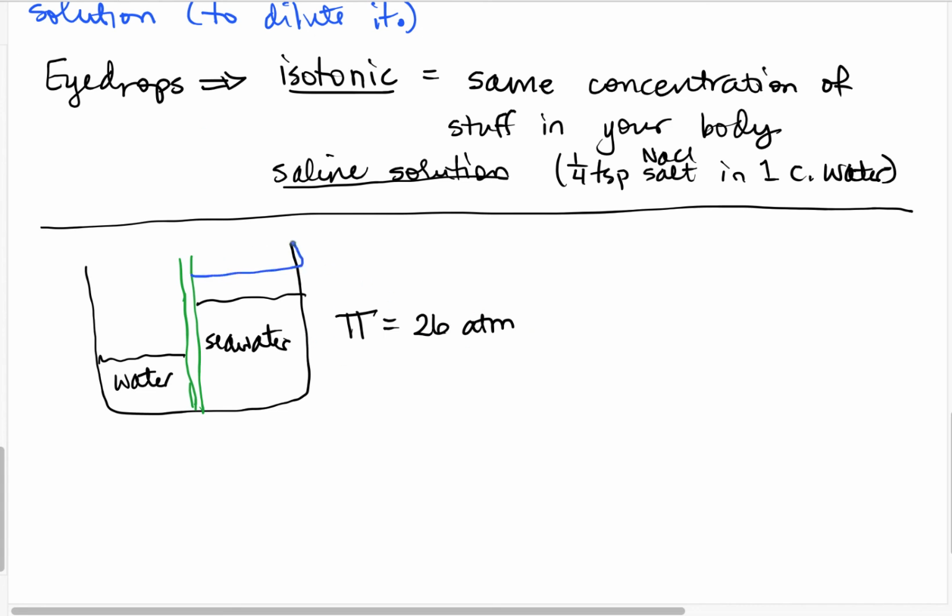So imagine a scenario here where we now cap this off and we squeeze it. And let's say we put a pressure on top that is more than 26 atmospheres, maybe 30 atmospheres or something like that.